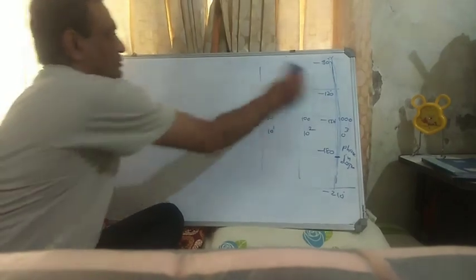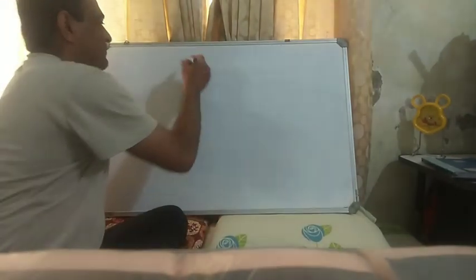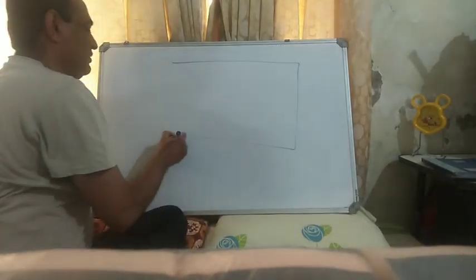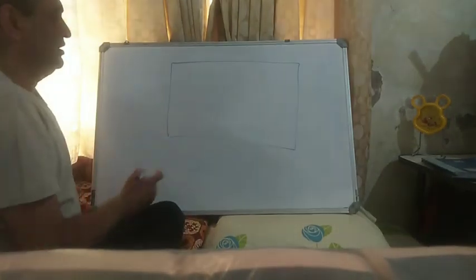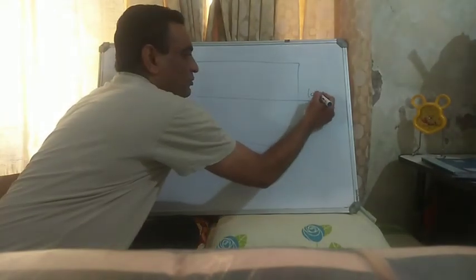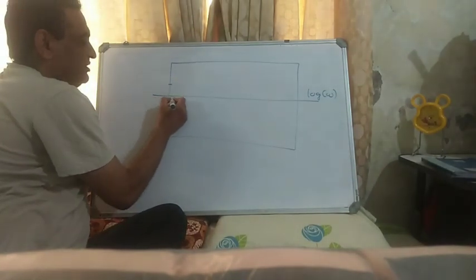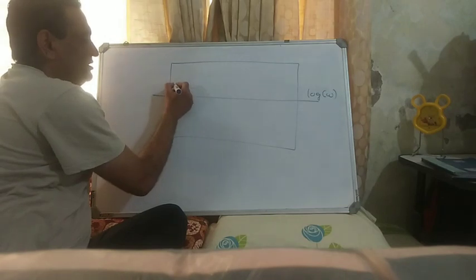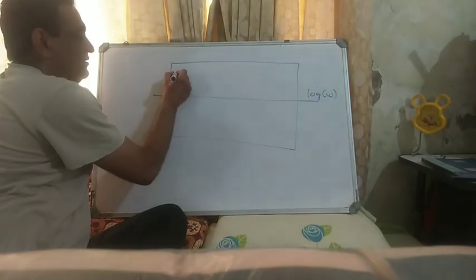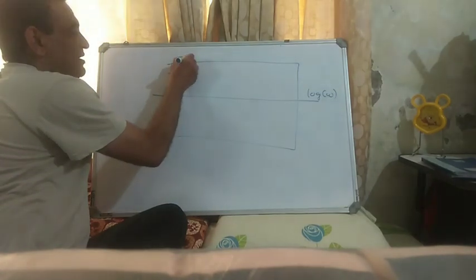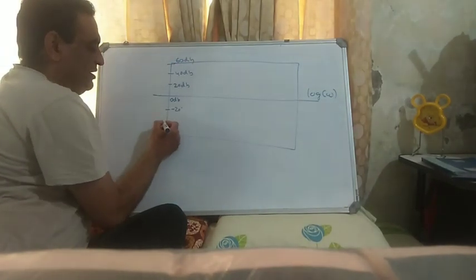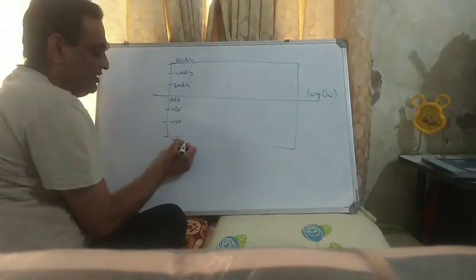So to summarize, let's say this is the semi-log graph paper. Then I will use this as log omega, and this is 0 dB, this is plus 20 dB, 40 dB, 60 dB, minus 20 dB, minus 40 dB, minus 60 dB.